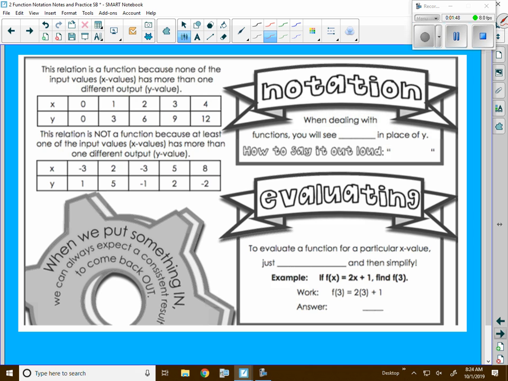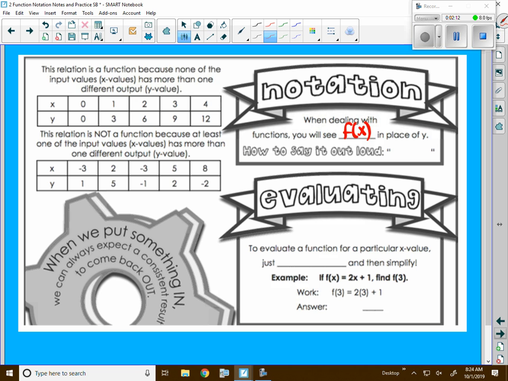Okay, so we're going to jump into the notation for function. It's called function notation. Instead of using y, we're going to use f of x. F of x and y are the exact same thing.